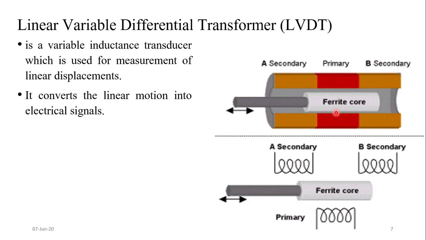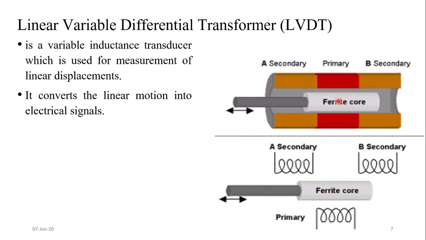But when the current is in the primary winding, it will generate current in the secondary on both sides. It is a property of your inductor, as we discussed. When current passes through it, it has a magnetic flux, and due to the magnetic flux, the secondary coil also generates EMF.